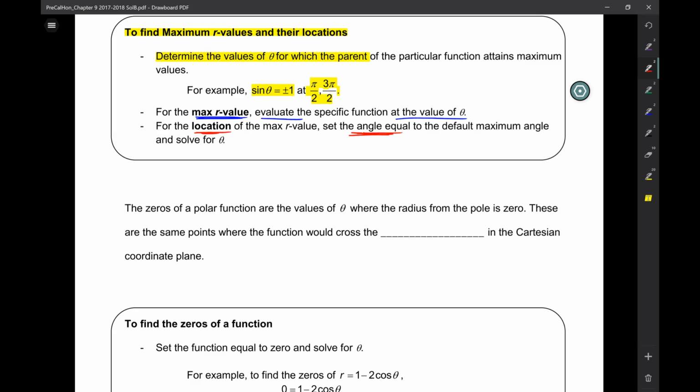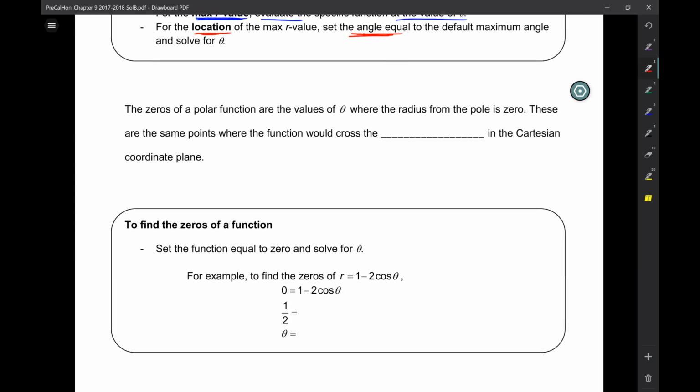So for example, you have sine, and sine is a maximum at pi over 2. Now, if it's sine 3 theta, then you say 3 theta is pi over 2, 3 pi over 2, and you solve for theta, just like we did in section 5.3.